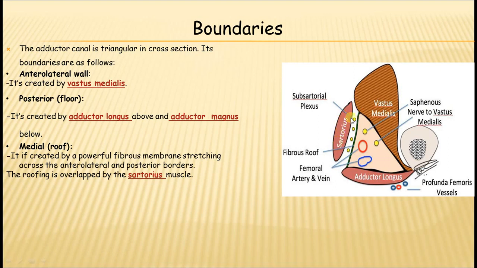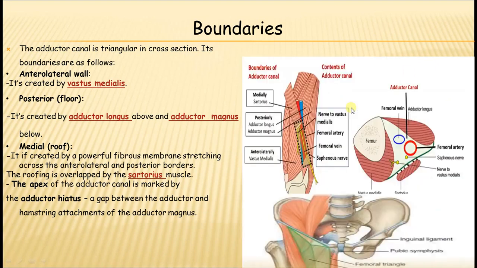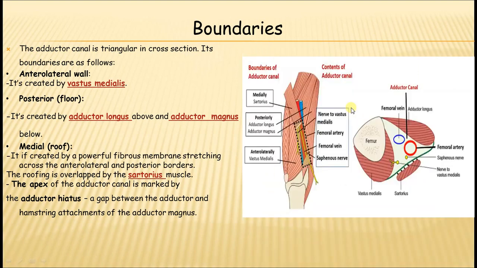It is overlapped by the sartorius. Here you are able to see in the middle third of the sartorius, deep to that, the adductor canal is present. You have a fascial roof, and on top of the fascial roof you have the subsartorial plexus.